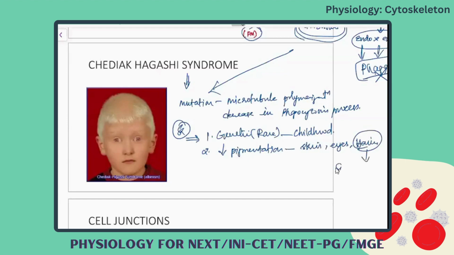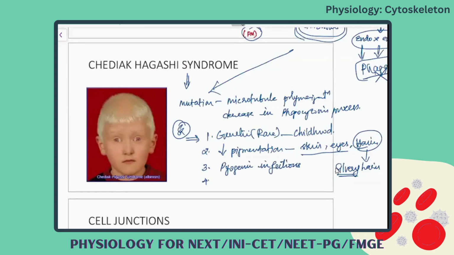In the hair it is silvery, not white. In albinism you see whitish hair, but here you see silvery. The pigmentation is less in the skin and eyes also. And since the microtubules are defective and phagocytosis is decreased, this person is more prone to pyogenic infections.